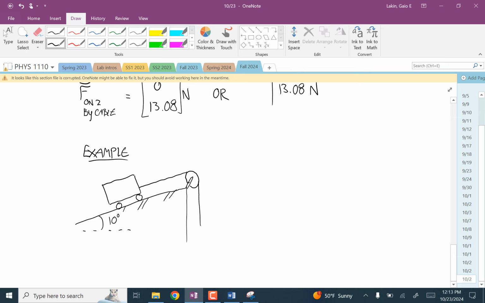And let's say that this has a mass of 4 kilograms. And this has a mass of 1 kilogram. And let's say we want to calculate the acceleration vector of the 4, let's say. And then second, we want to calculate the tension in the cable.